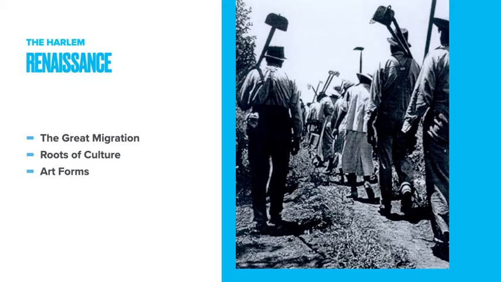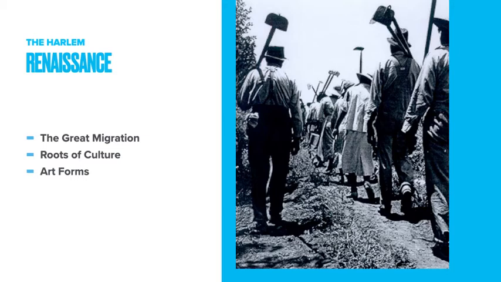And groups of African Americans are going to leave the South and move to large cities in the North. So places like Chicago, New York, Cincinnati are going to see an influx of these folks coming in. And like we saw with immigrants in the Industrialization and Immigration Unit, these folks are going to live in the same neighborhoods.